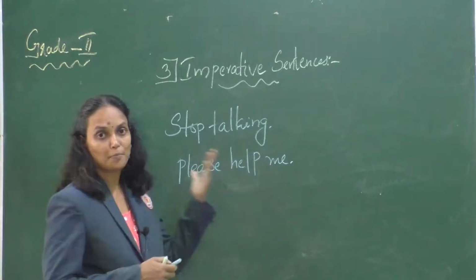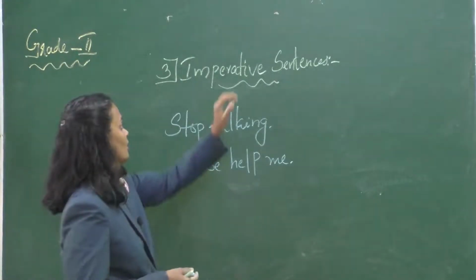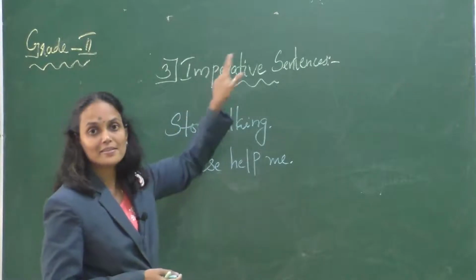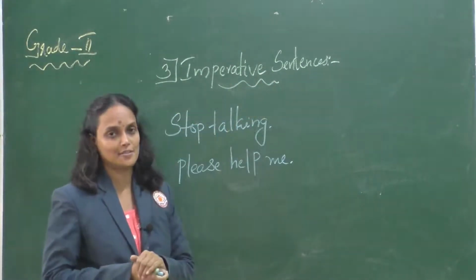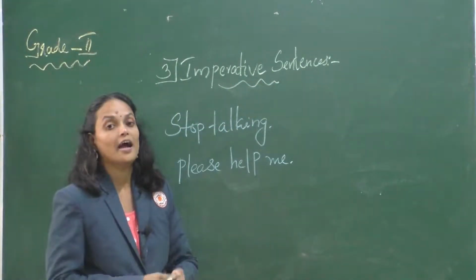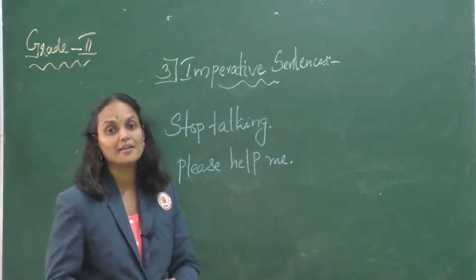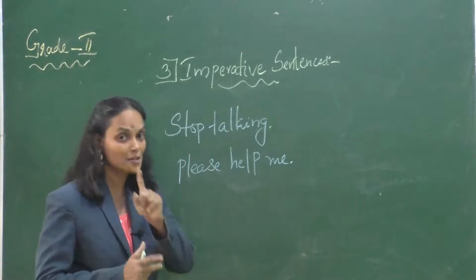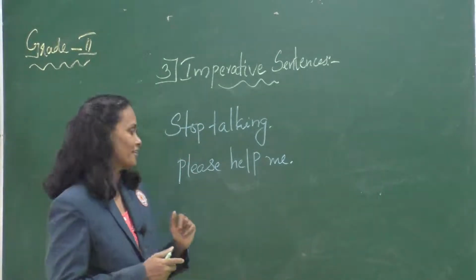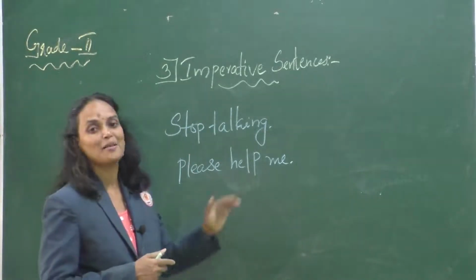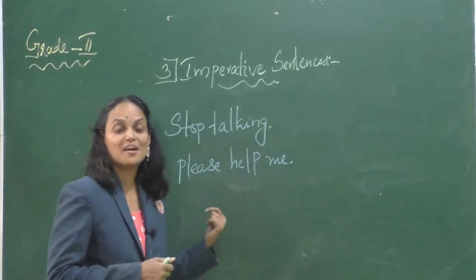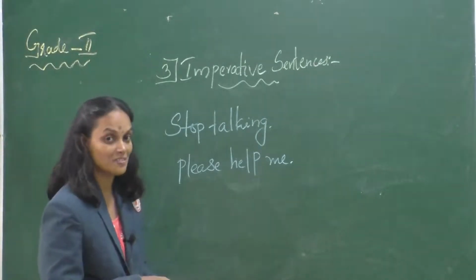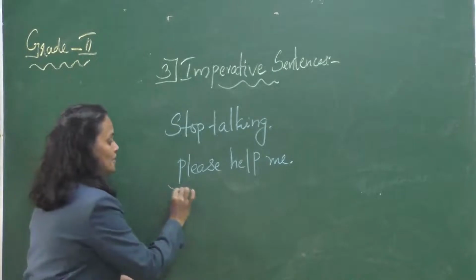Now the third type of sentences, imperative sentences. Imperative sentences always convey an order, a command or a request. For example, stop talking. It's an order. Next one, please help me. It's a request. How do we know it's a request? Because we have used the word please here.